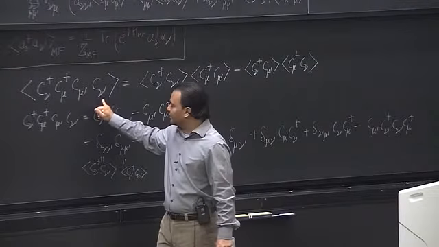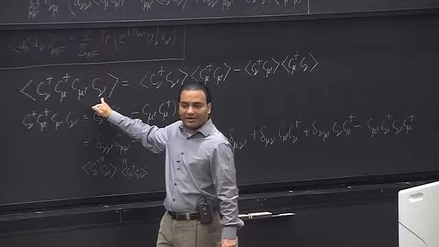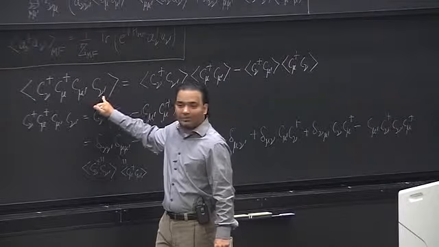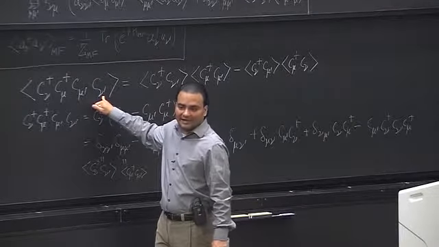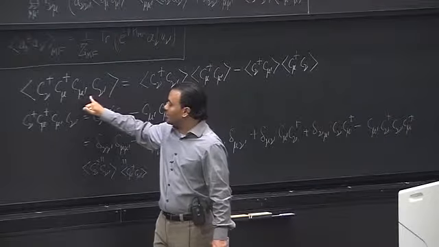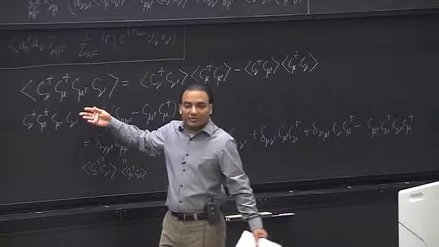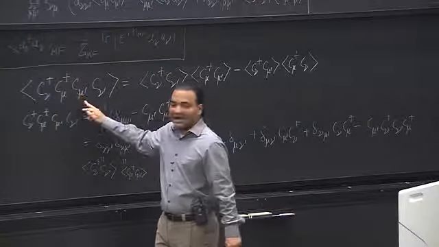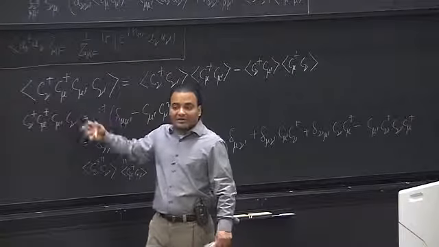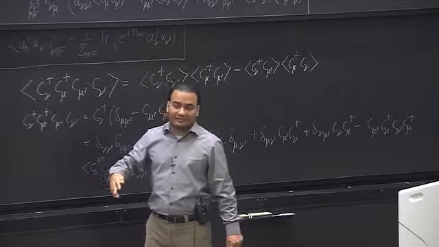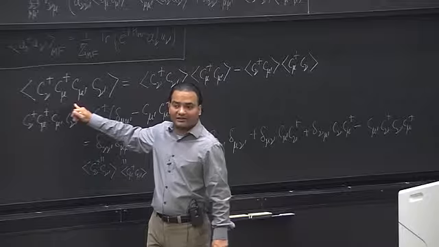So first you're annihilating a particle, so this nu prime must be less than kF. Now you have n-1 particles. You want to annihilate another particle, it must also be less than kF. So now you have n-2 particles.